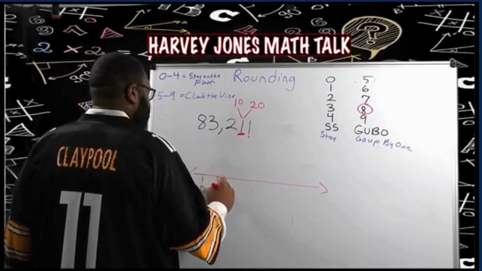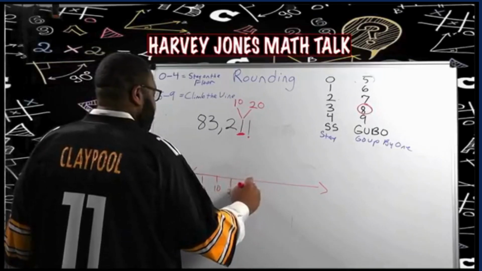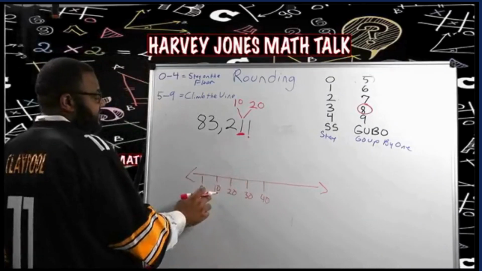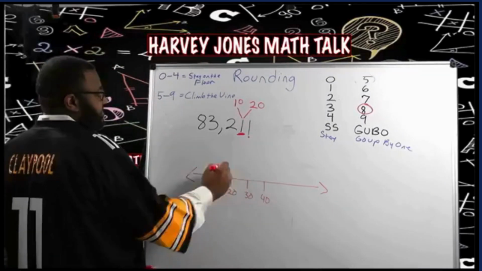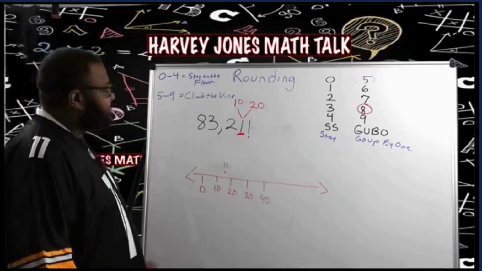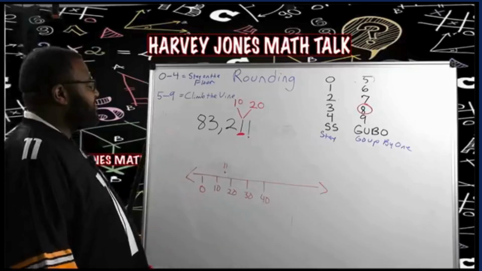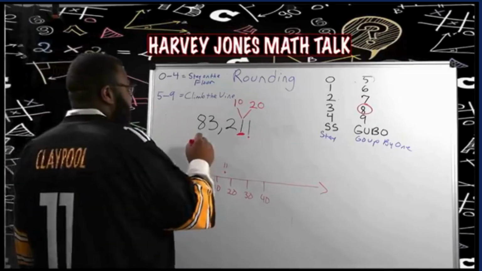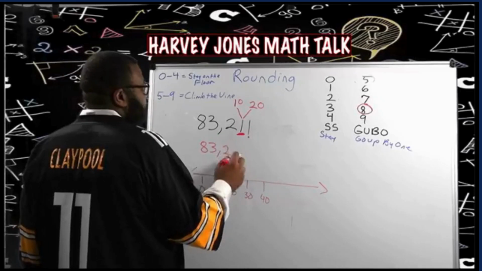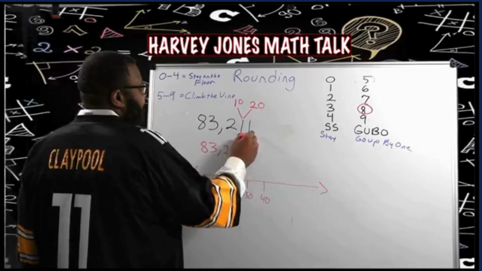0, 10, 20, 30, 40. What does 11 fit in between? That's all we're doing. The thing I need to show you, make sure you understand: everything in front of the line stays the same. So you can go ahead and bring your 8, your 3, and your 2 down. And what's the number behind it that you're going to circle?